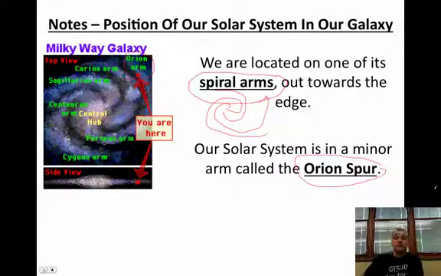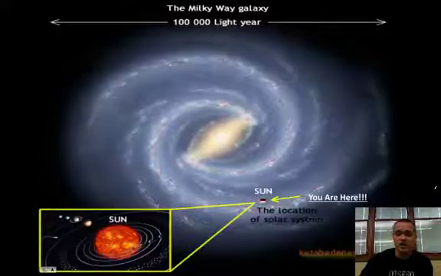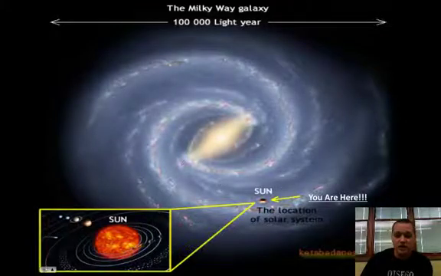For those of you that are familiar with constellation stars, Orion is exactly the constellation as we look out into it. That's why it's received its name, because Orion is the largest constellation that we view in this spiral arm that we currently reside.